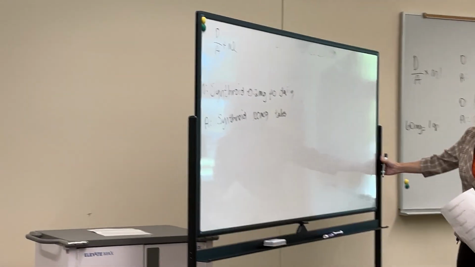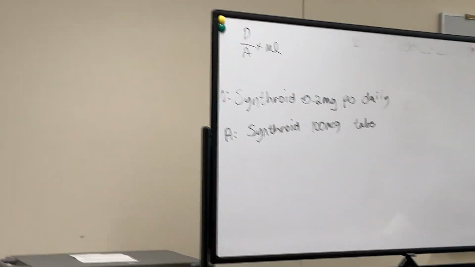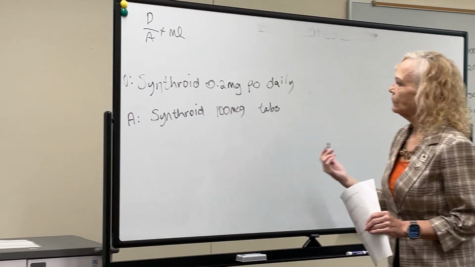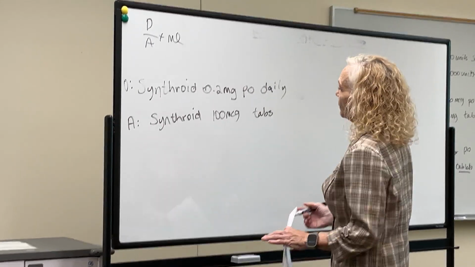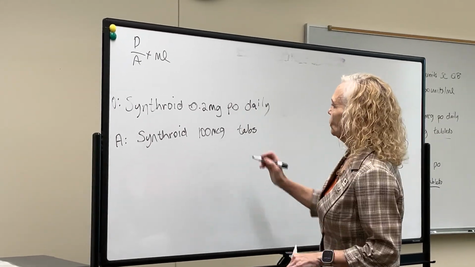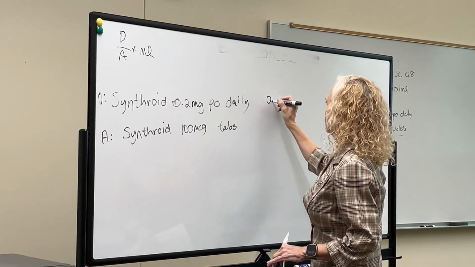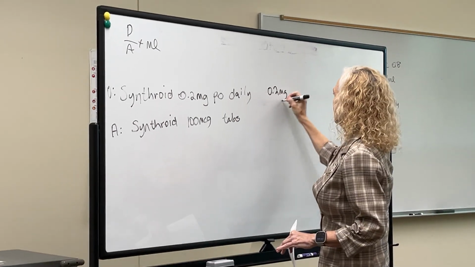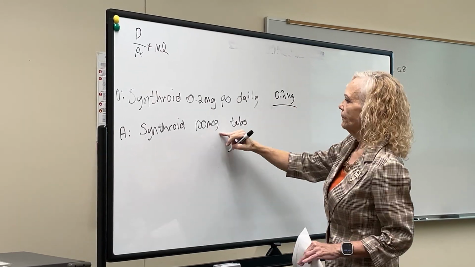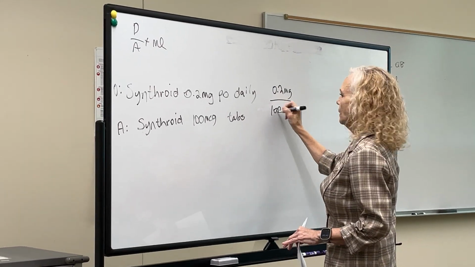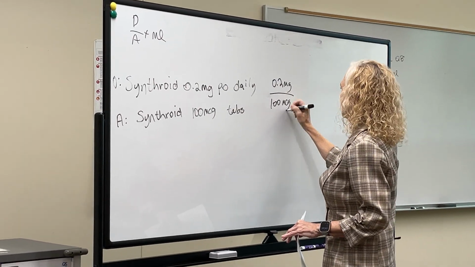It's going to be similar to the one I just did. I chose, oh no, this is a metric one. So once again, we're going to be moving the decimal. So we have 0.2 milligrams. And then what we have available is 100 micrograms.